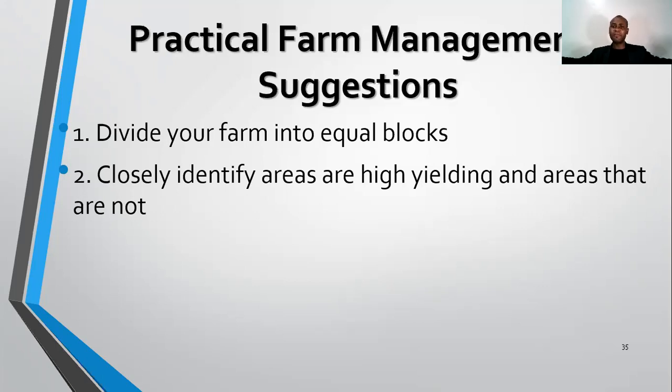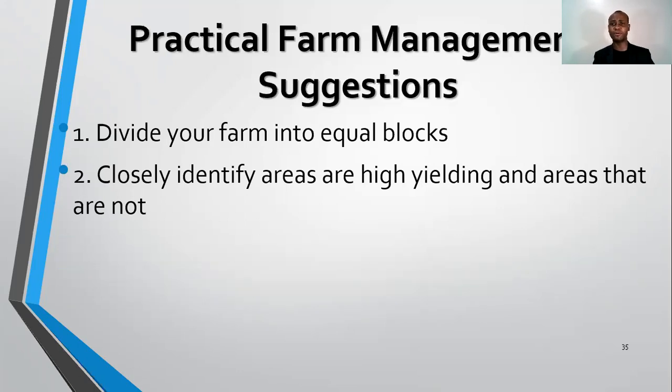There are some areas on the farm where almost every year you get a lot of pods. And there is another part of your farm where almost every year you get nothing or few pods. So your duty is to closely identify areas which have a lot of yield and the areas which have no yield.